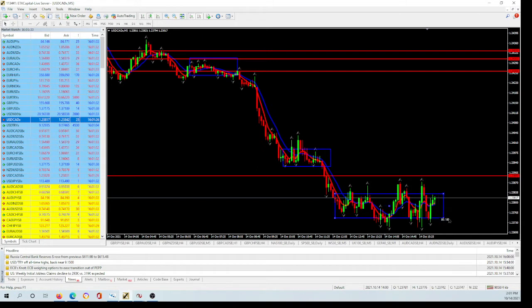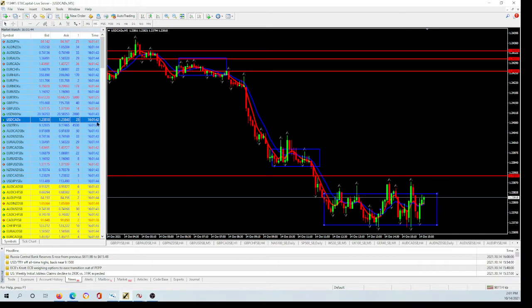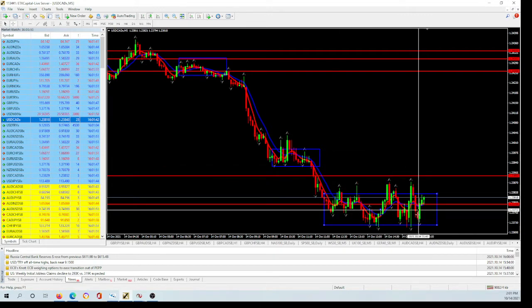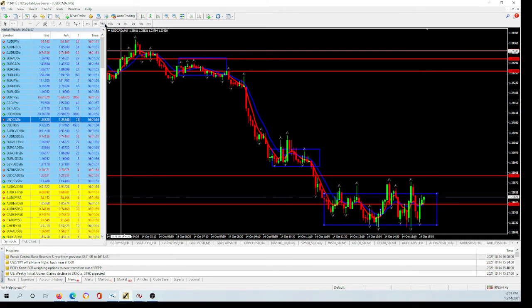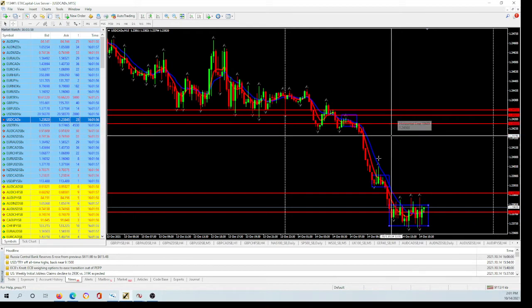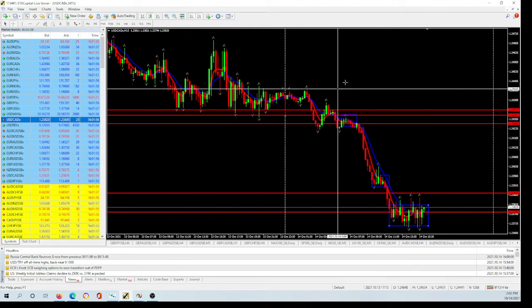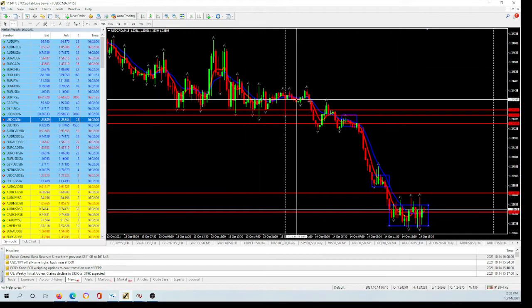The cross has already taken place here, but you want the consolidation to finish, and that will give you a very good entry for a buy here. Then your stop loss will be here, and your first take profit is going to be somewhere here. So you can do it whichever way, it works on all markets, as you can see. All you need to do is avoid those.